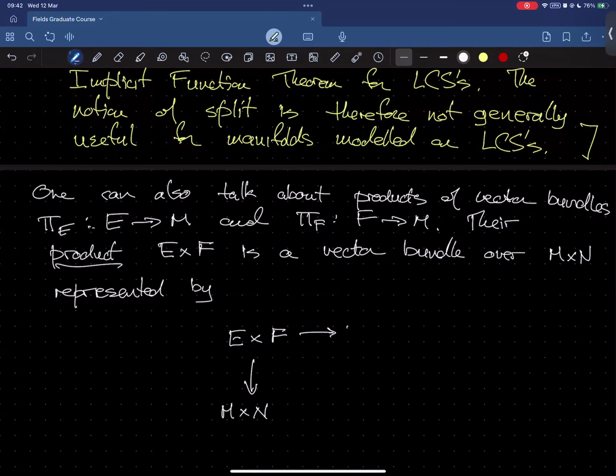So it has a projection onto F and a projection onto E, and this has a projection onto M and a projection onto N. That kind of encapsulates what's going on with the product.